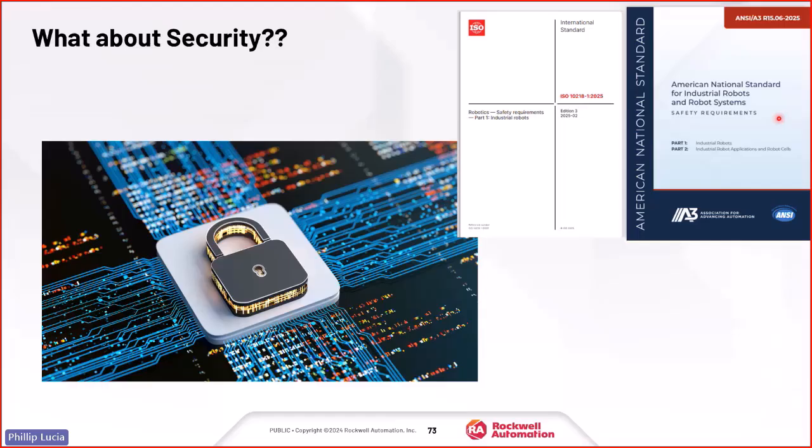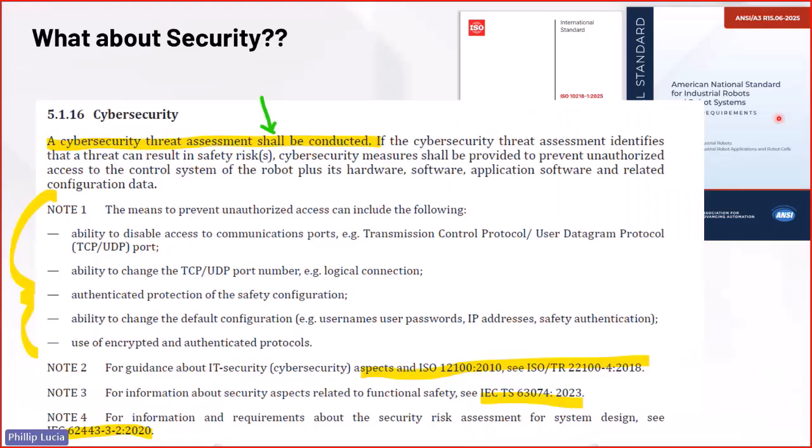We've mentioned that we're now using techniques like Ethernet and networks and software and electronics in our safety systems. And so we now have a stated requirement: cybersecurity threat assessment shall be conducted. When standards use the word shall, they mean we'd better do it.